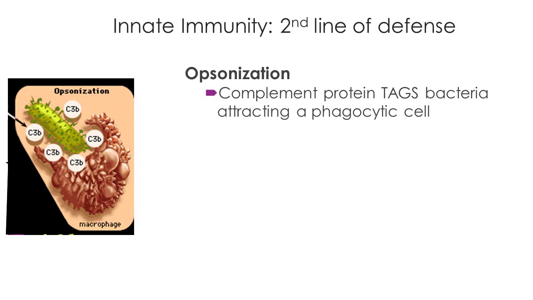So here with complement, since complement starts with a C, this opsonization, I call it chocolatification. Because if you put chocolate on anything, I'm going to eat it up. Well, if you put these complement fragments on that pathogen, these phagocytic cells cannot resist it. And they eliminate it very, very quickly.